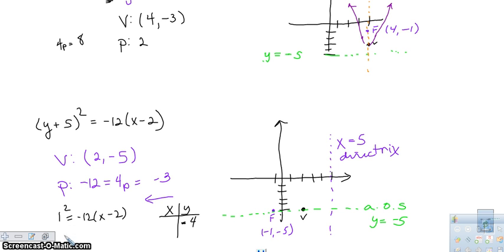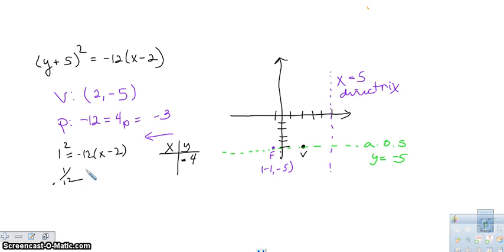So you get negative 1/12. So I've got to scroll up so you can see that. Negative 1/12 equals x minus 2. So x equals 2 plus negative 1/12, which is just 1 and 11/12 for x.